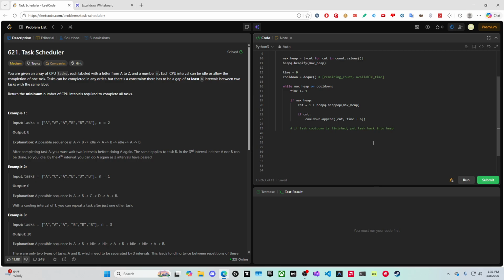So we're going to say if there's something in the queue, and the second pair value is equal to time, meaning the cooldown for that particular task is done.